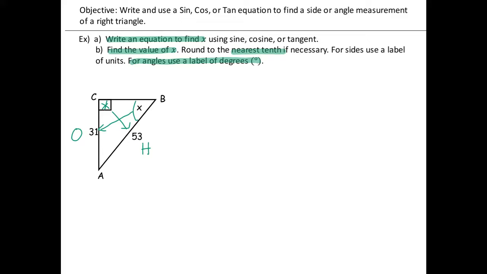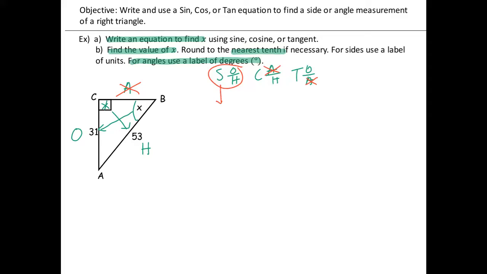H, which means this side, CB, is going to be A. And then we had SOHCAHTOA to figure out which trig ratio to use. So looking at the sides that are given, which letter should I cross out? A. We don't have anything labeled for A, so cross it out. I have the A's crossed out here, so that means I have sine left over. Sine of the angle here.